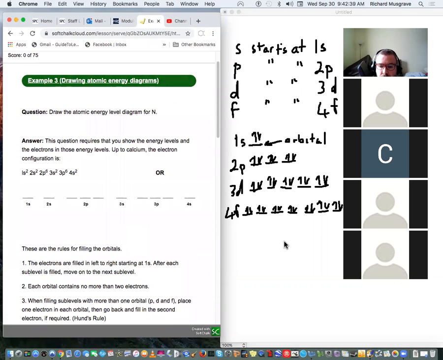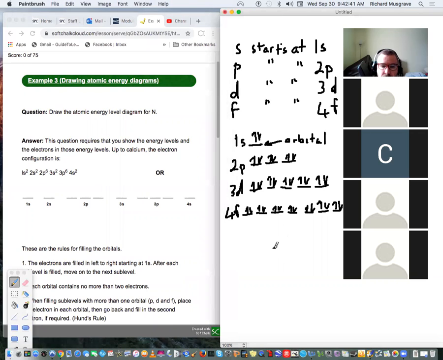So what you can also do is write out actual electron configurations, putting in all of the elements here. And we can write out what these look like, the 1s, the 2s, the 2p, the 3s, the 3p, and the 4s, as actual lines with orbitals.